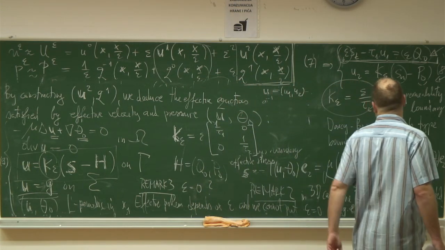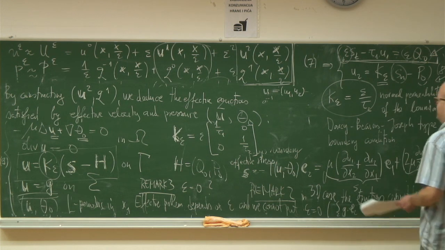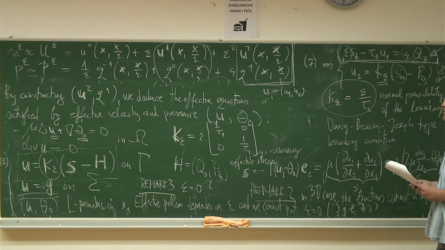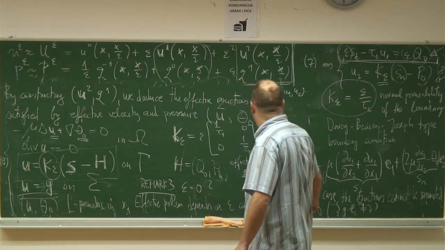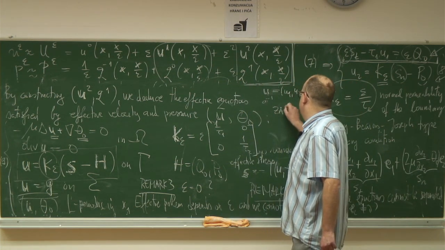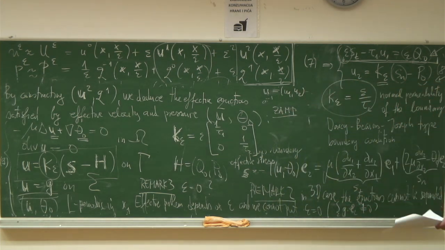Okay? But I think that the main results are this one, and if you want to see the details of rigorous justification, then you can look in the paper published by Edward and myself in SAMP.